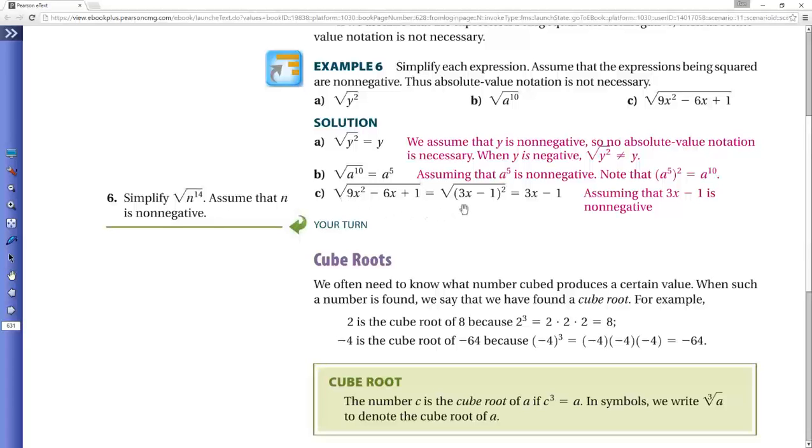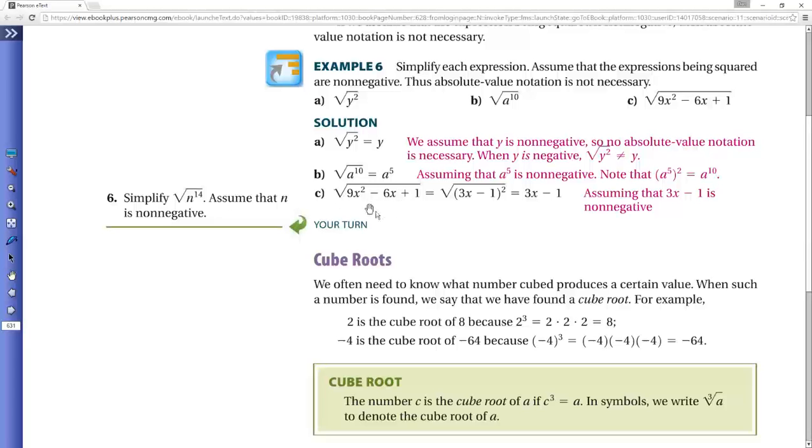To get 9x squared, I'd have to have 3x's, one of the terms in the binomial. And to get 1 squared, I got to have 1. So 3x times 1 is that, and I double that, I get 6x. So this is a binomial squared, and then this is a negative, so I know that this one has to be a negative. And if you can recognize that in factoring, it's going to save you a lot of time. So try to use those recognition tools for factoring.